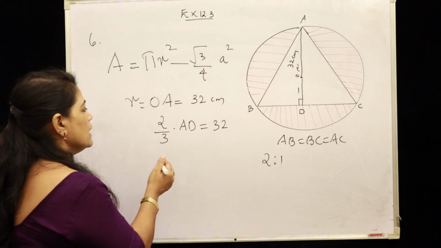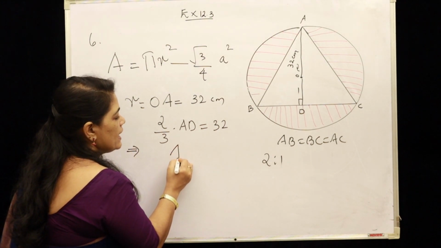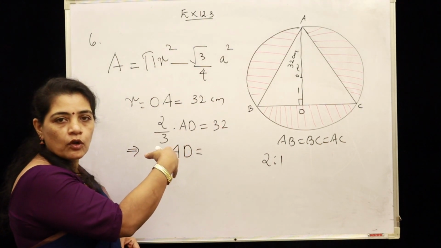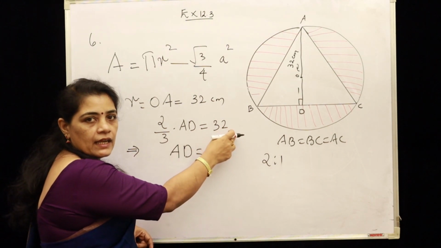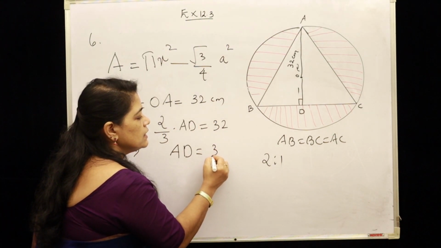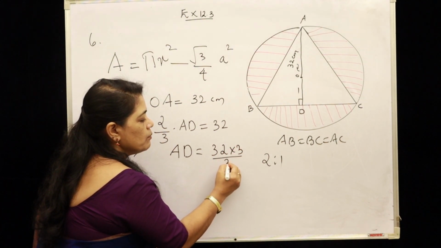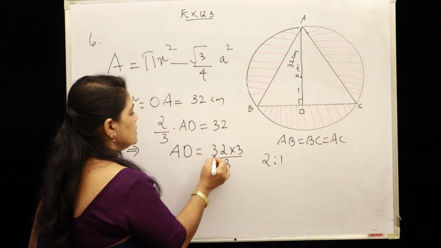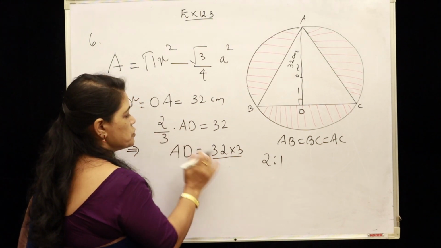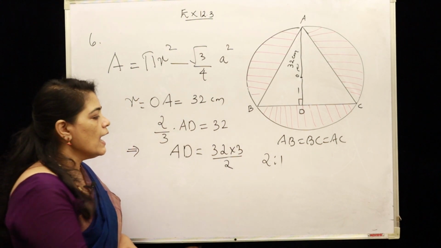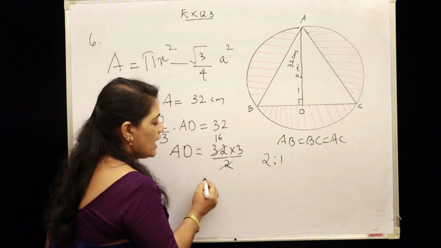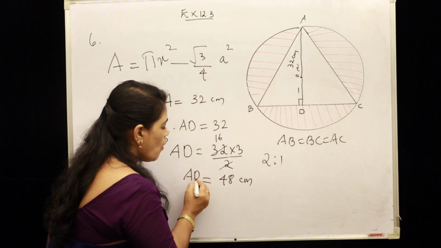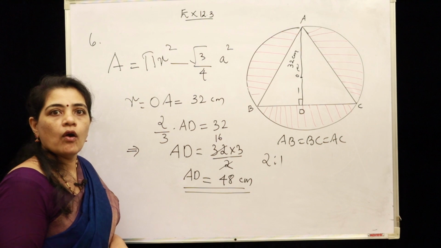So AD is equal to, we take this to the other side, the reciprocal of 2/3, that is 3/2, or 3 can be taken and 2 will come in the denominator: 32 into 3 divided by 2. 2 in 32 is 16, and 16 3s are 48 centimeter. This is AD, the height or the median.